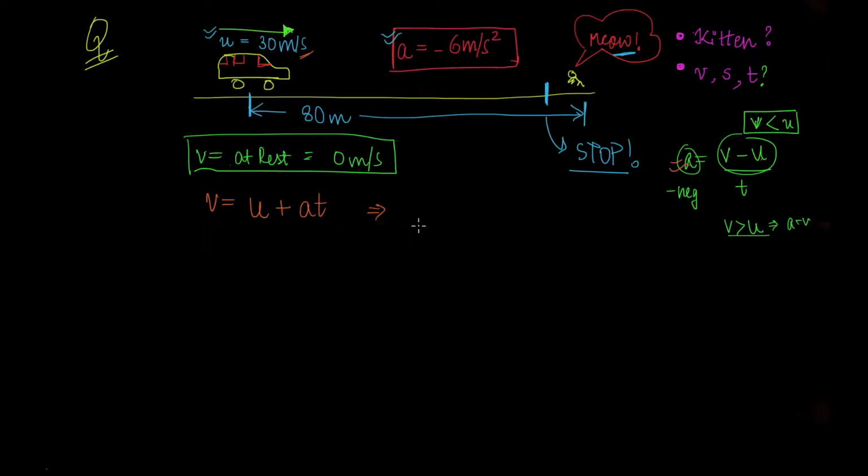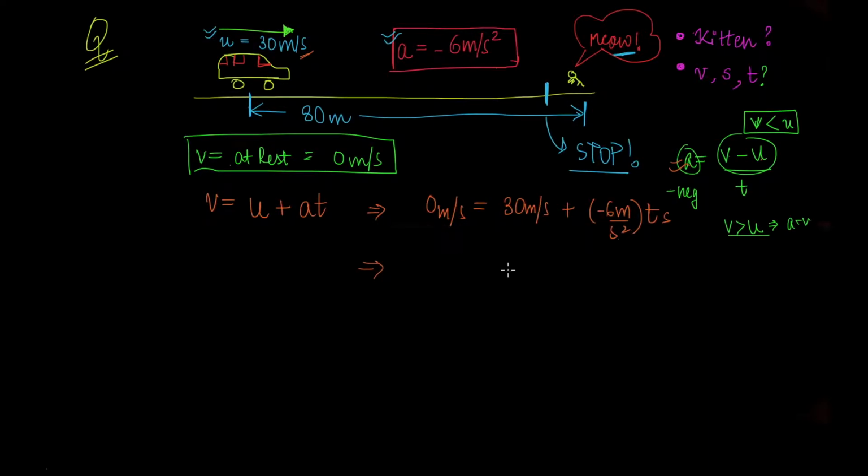If we input our values, the final velocity being 0 meters per second, initial velocity being 30 meters per second, and acceleration being negative 6 meters per second squared, and time measured in t seconds, then we can evaluate what time is.